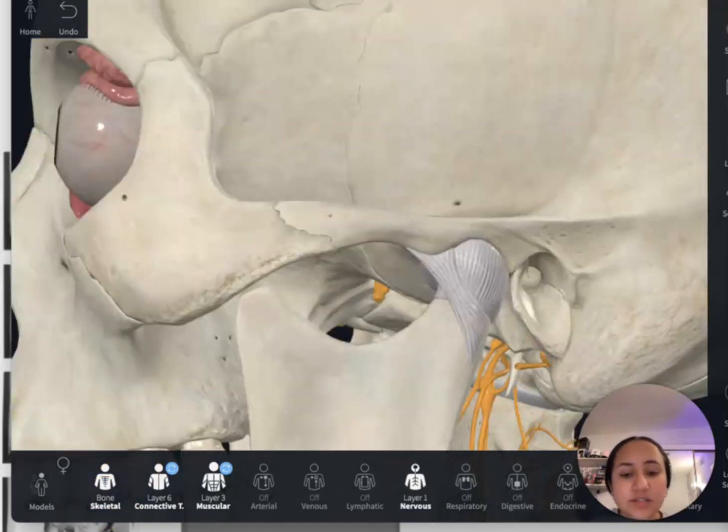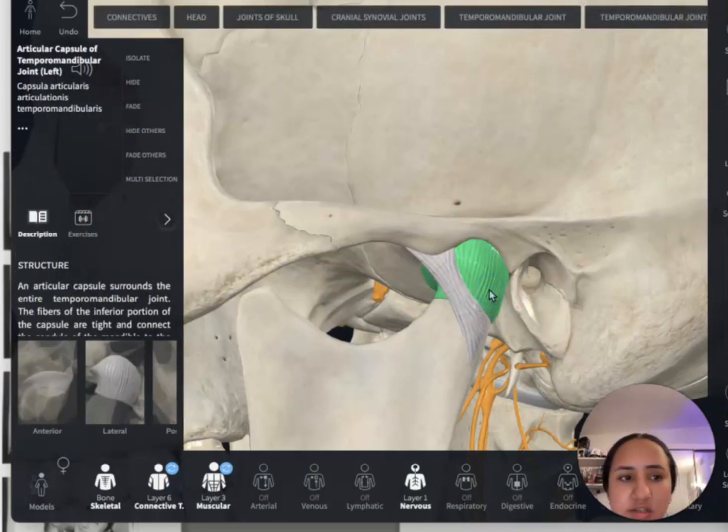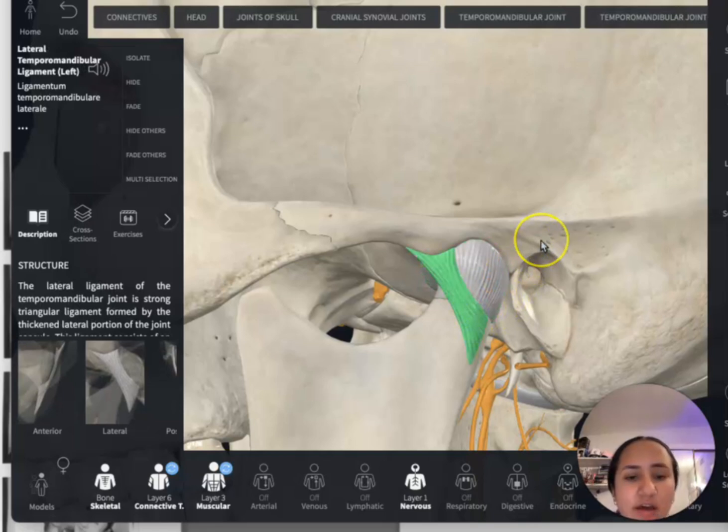Now we're going to get into the joint as it is. There are two main parts. This is the articular capsule of the TMJ. This just surrounds the joint, and it attaches to the articular tubercle and the mandibular condyle. The second part is right here. This is the lateral TMJ ligament.